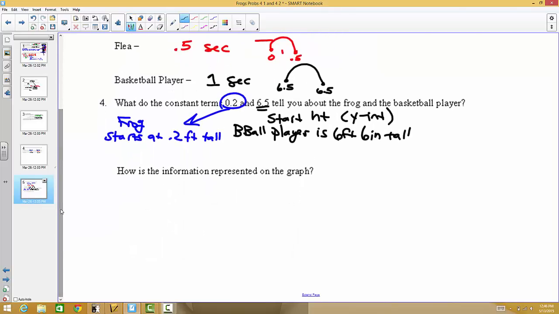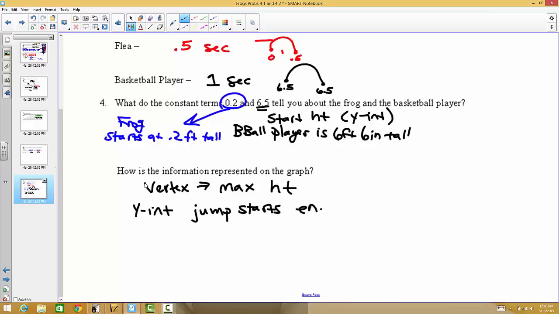Well, the vertex is all of the max heights, and the y-intercept is where the jump starts and it ends symmetrically the same distance away from the vertex.